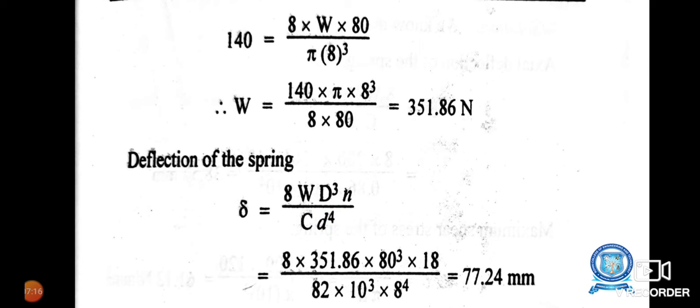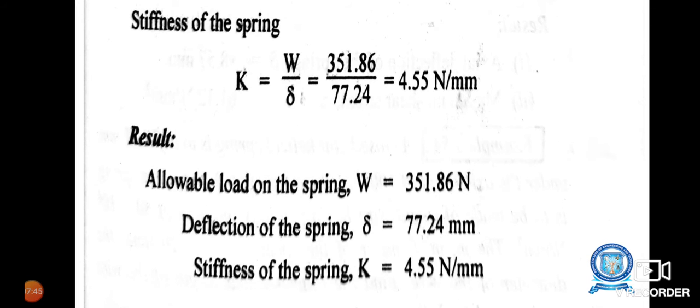We apply all the given values and calculated values: 8 into 351.86 into 80 cubed into 18 divided by 82 into 10 raised to 3 into 8 raised to 4. Simplifying, we get the deflection equal to 77.24 mm. Next we calculate the stiffness of the spring. K equals W divided by del. We apply the calculated values of W and del.